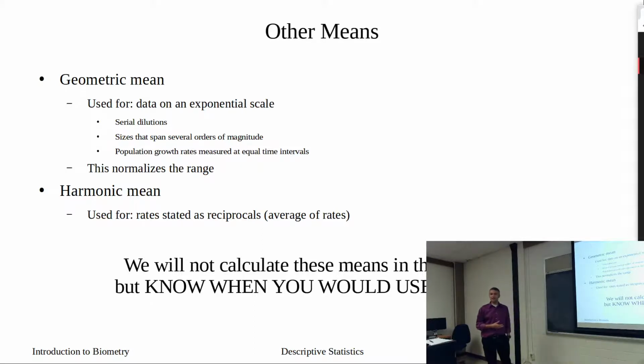You take your data, calculate the logs, and that's what you plotted on the figure. That's typically what you take the average of. Well, that is the geometric mean, because if you take the log of this geometric mean, you get the arithmetic mean of the log of your data. All right. Examples: serial dilutions.